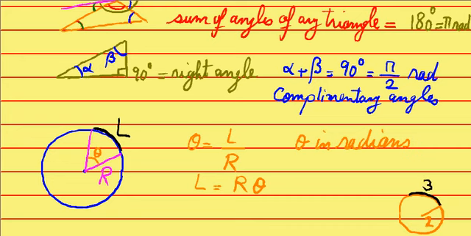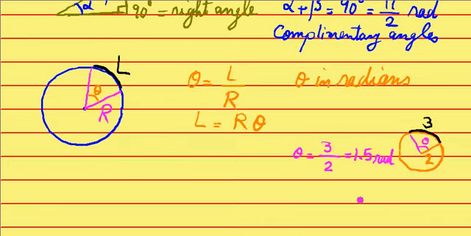Now the question I'm asking is, how big is the angle, sometimes referred to as the central angle here? So central angle in this case is going to be the ratio of the length of the arc, which is 3, divided by the radius of the circle, which is 2. This is 1.5 radians.